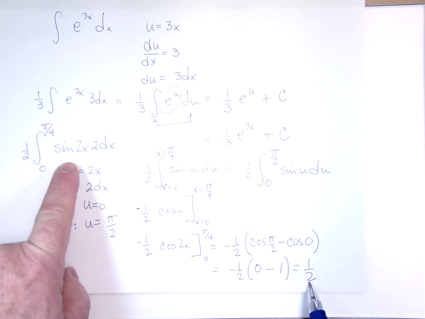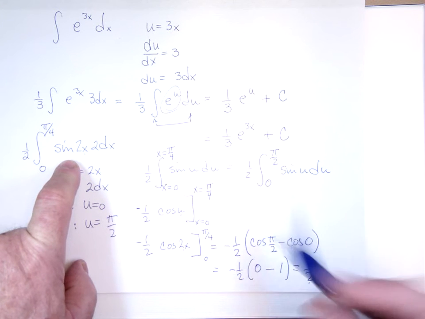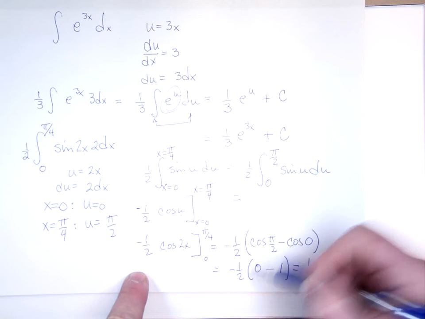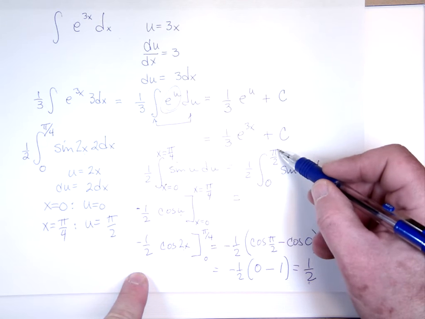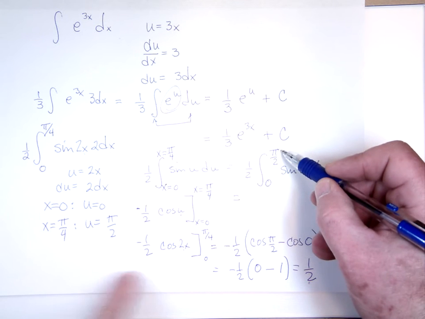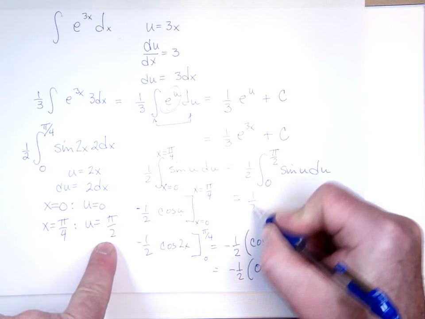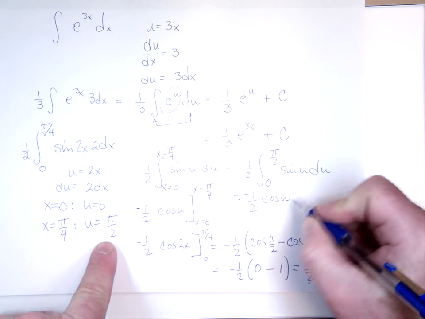Let's do it from here now. This is where I went back to x's again. Now, this one I changed the limits of integration. I changed them to u limits. That's what I've done. And now, let's do the integral. What's the integral of sine? Negative cosine. But now I have u limits, so I substitute them right in.